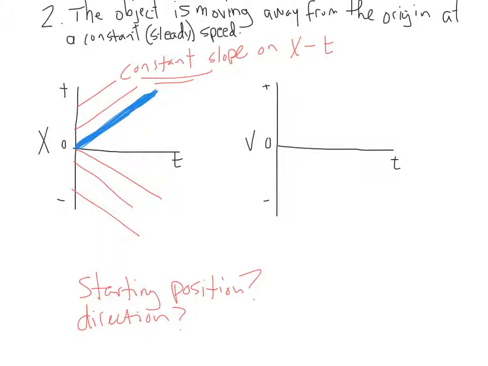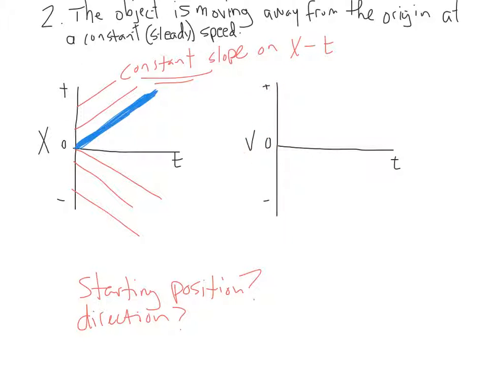Okay, well that's all fine and good. The point is, what does that look like over here? What does a constant positive velocity mean on this graph? How do I draw constant positive velocity on this graph? Well, this is positive up here, above the zero.